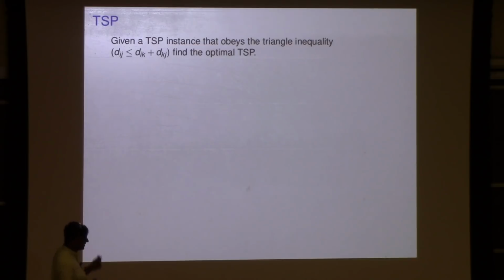Because you will end up at j. And the cost from i to j is at most the cost from i to k plus k to j. There might be a better way to go directly, there might be another way to go, but going through k is totally fine, and your cost is no more than going through any other place. That's the triangle inequality. Okay?